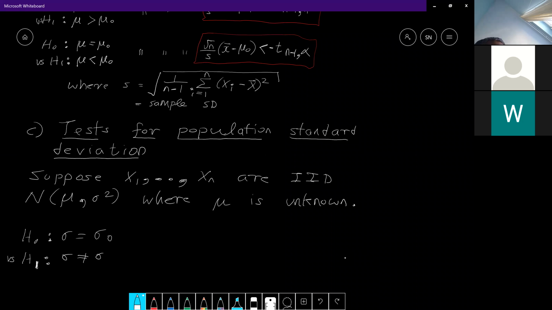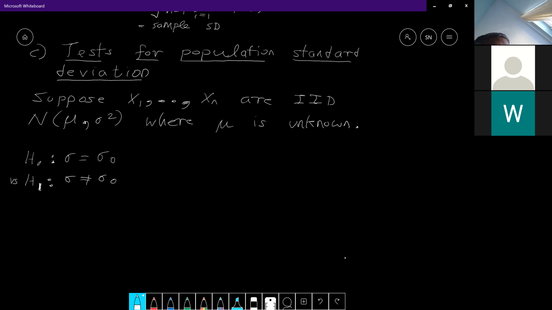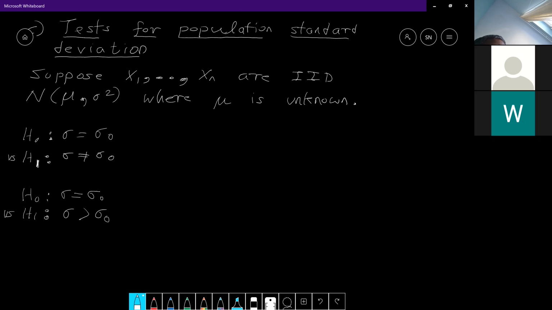The next one is H0 versus H1, where sigma is greater than sigma 0, and the third one is H0: sigma equal to sigma 0 versus sigma less than sigma 0.